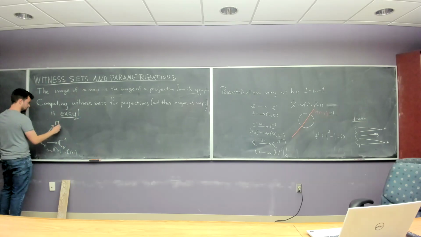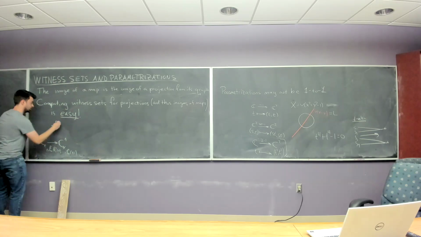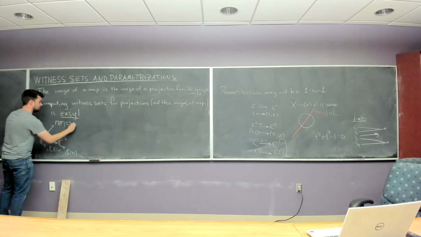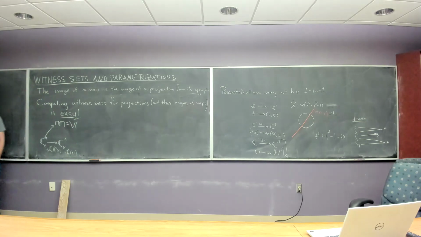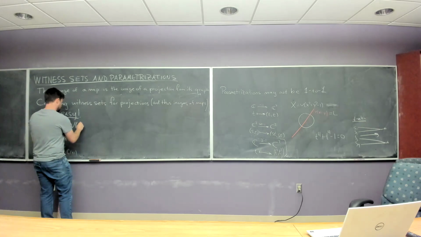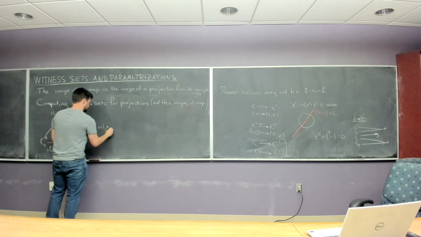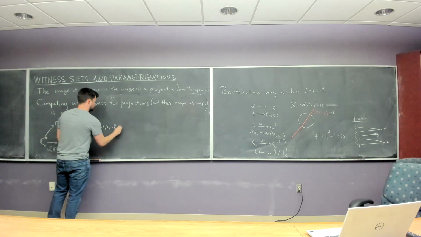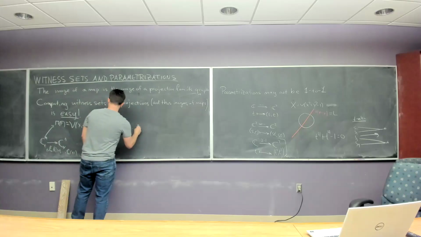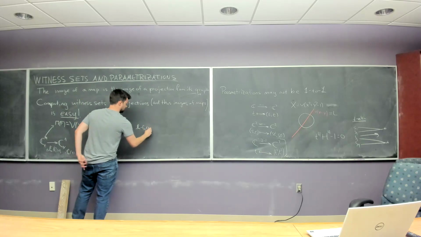And for the graph, call this capital F, the graph of capital F, I can write down the implicit equations. x1 has to be f1(t1,...,tm), x2 has to be f2(t1,...,tm), and xn has to be fn(t1,...,tm).